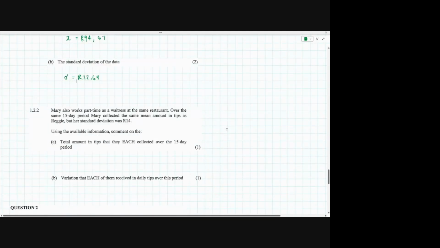Right, so 1.2.2 says, Mary also works part-time as a waitress at the same restaurant. Over the same 15-day period, Mary collected the same mean amount in tips as Reggie, but her standard deviation was 14. So we've got mean, we've got standard deviation, and we've got Mary and Reggie.